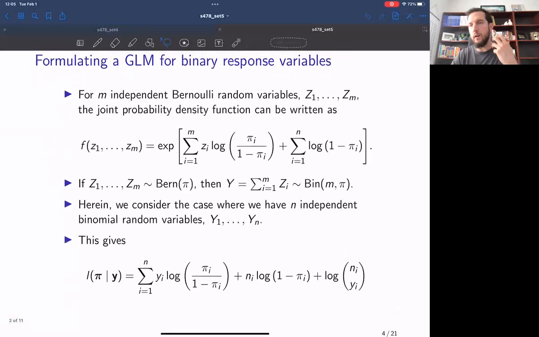Okay, our interest is actually in modeling binomial outcomes. So you'll recall that if you have m Bernoulli outcomes where the response of each Bernoulli is a 1 or a 0, when you sum across those independent Bernoullis, you end up with a binomial. Okay, so that's where the formulation of our model starts.